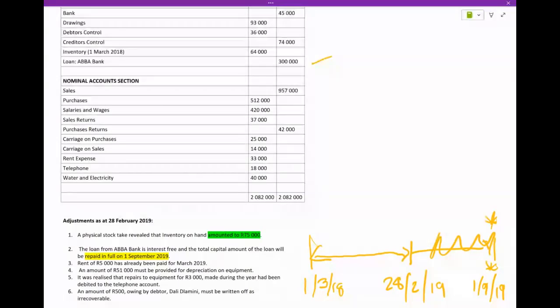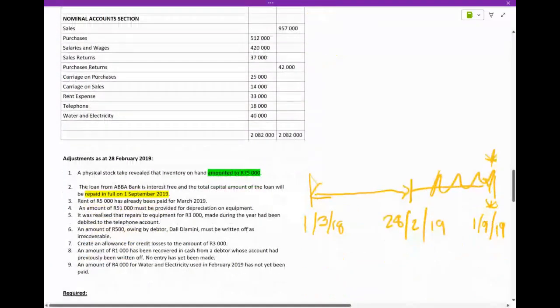It's due within 9 months, which is less than 12 months, right? Is this a short term or long term? Short term. So this 300,000 would need to then go to your current liabilities. Does that make sense? And not your non-current. Okay. So just be mindful of that.